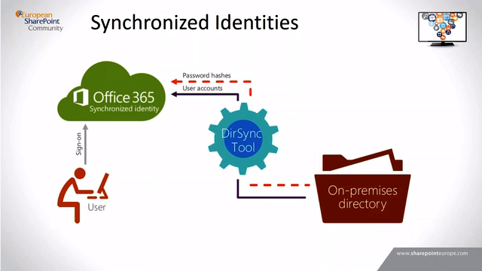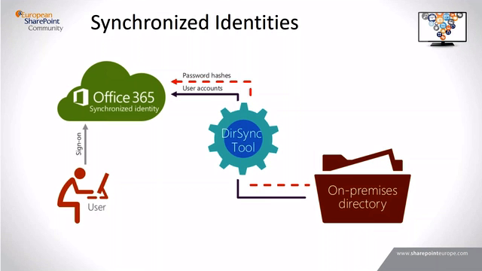Now what happened is, by doing so, by synchronizing the users along with the password hash with Office 365, we are providing the users a same sign-on experience for their services, right? So what happens is, a user is there, Riaz, his machine is a domain joined machine. We are planning to have an Office 365 setup in place.